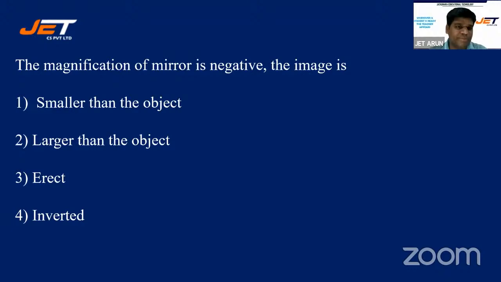All right, let's look at the key. Students, mixed response. It's not 1, it's 4. It's inverted definitely. If the magnitude is less than 1, then it is smaller than the object. If the modulus of the magnification is greater than 1, then it's larger than the object. If it's positive, it's erect. If it's negative, it's inverted.